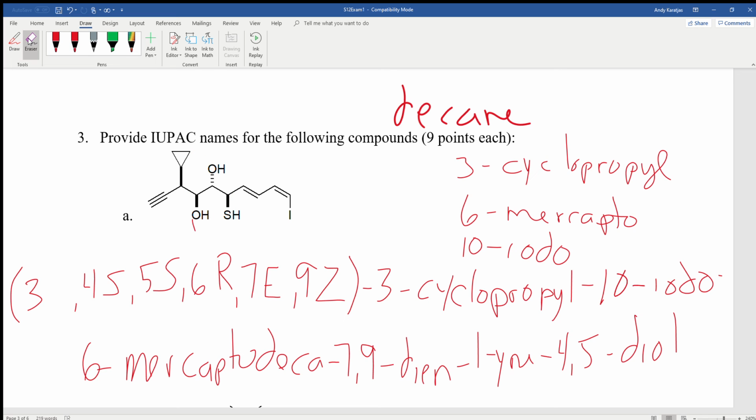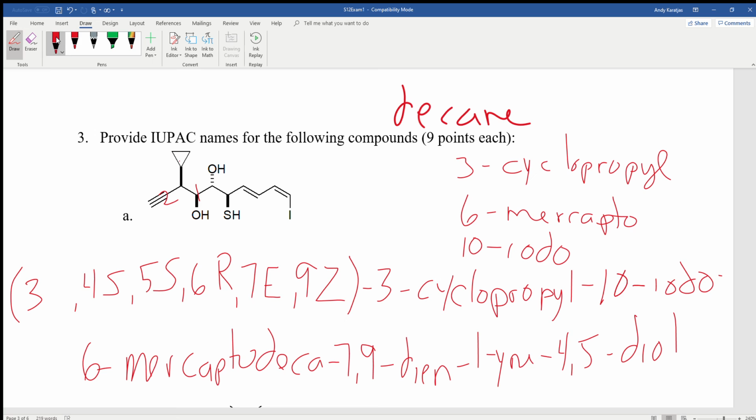And finally, carbon 3. Carbon 3 is bonded to 3 carbons. So again, we have to go to what they're attached to. To the right, we have a carbon bonded to an oxygen versus the other two, which are carbons just bonded to carbons. So that'll get first priority. The alkyne is a carbon bonded to 3 carbons versus the cyclopropane ring, which is a carbon bonded to 2 carbons.